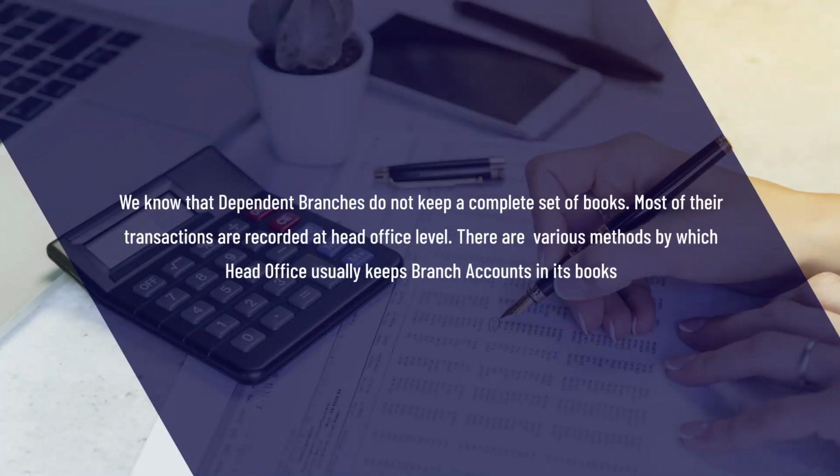Dependent branches do not keep a complete set of books. Only those records are maintained by the dependent branch which have been instructed by the head office. So most of their transactions are recorded at head office level.